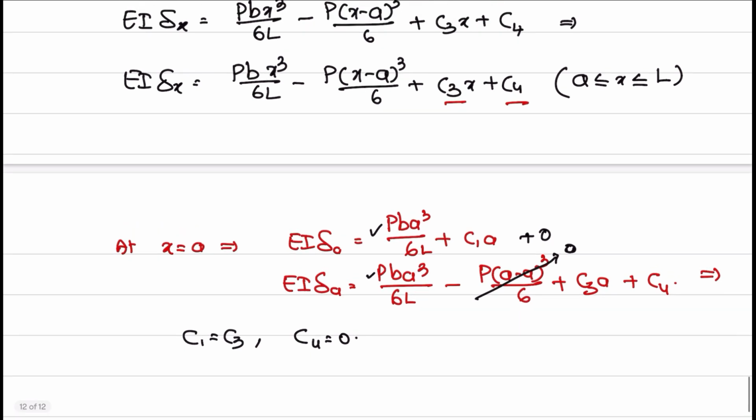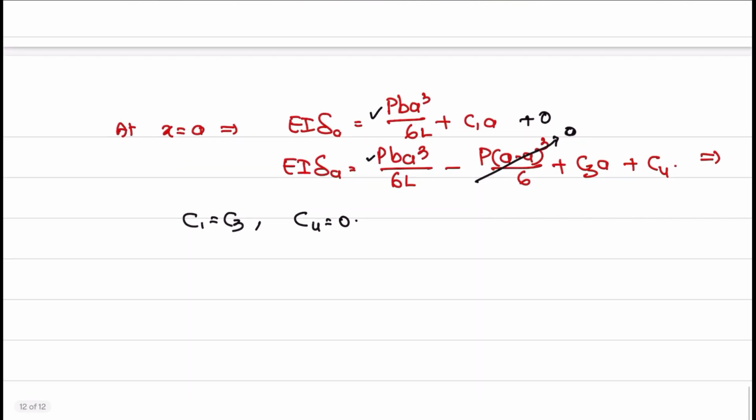Now what happens? Equations will be EI delta X is equal to PB X cube by 6L plus C1X.